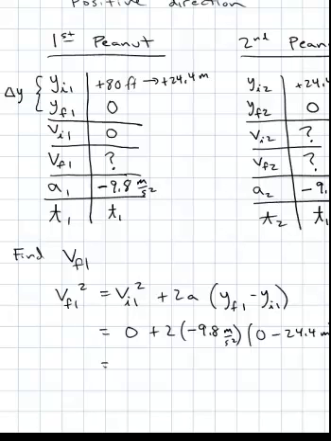And I'm left with a positive 478 meters squared per second squared. And now I can go ahead and take the square root, and when you take the square root, always remember there are 2 roots, positive and negative root. So V final of peanut 1 is either going to be plus or minus the square root of 478.